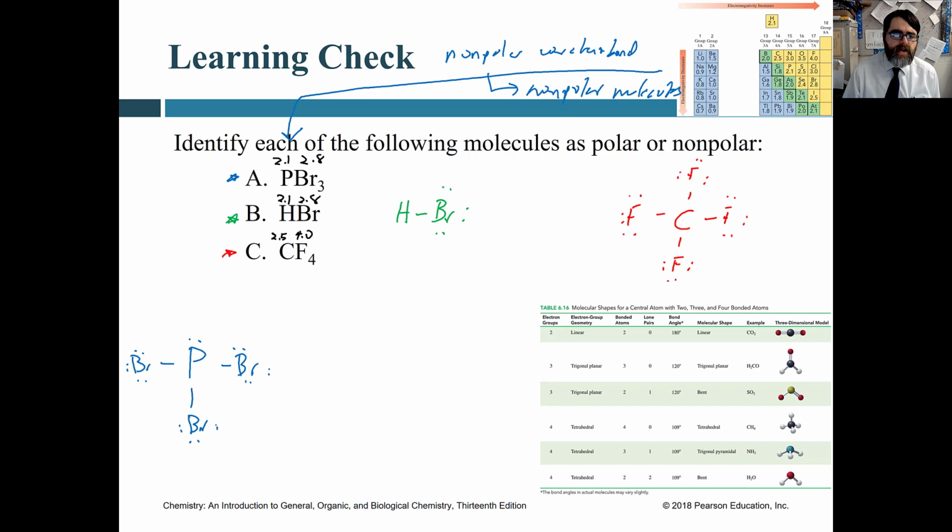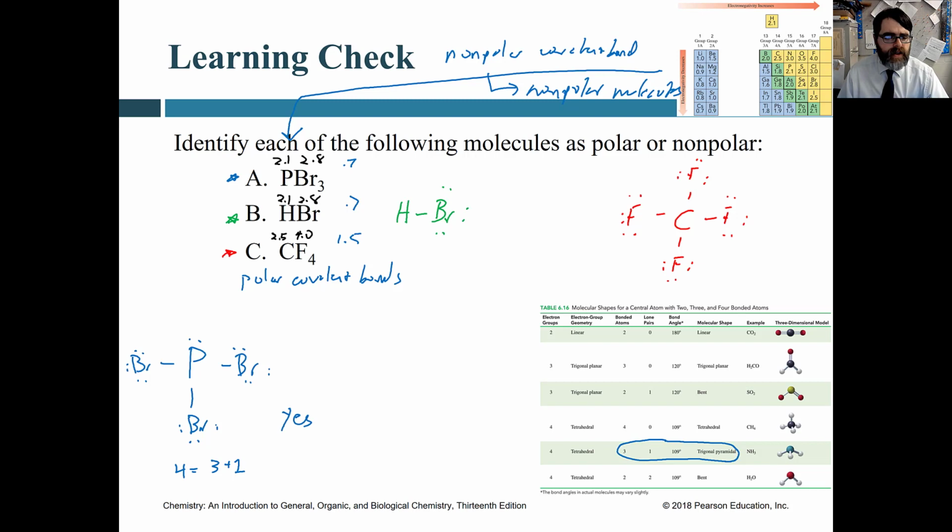But if you look at the electronegativity differences of 0.7, 0.7, and 1.5, all of these are going to be polar bonds. And then the question becomes, are they polar molecules? So this one here, there's 4 bonding regions, which is broken into 3 things bonded to it and 1 unshared pair of electrons. Well, that's going to put us right here at the trigonal pyramidal shape, and because of that, it is going to end up being polar.